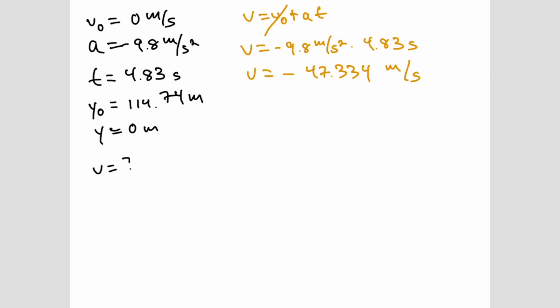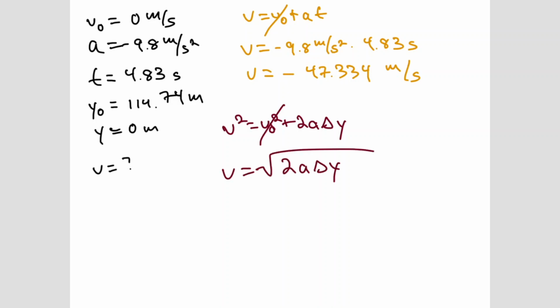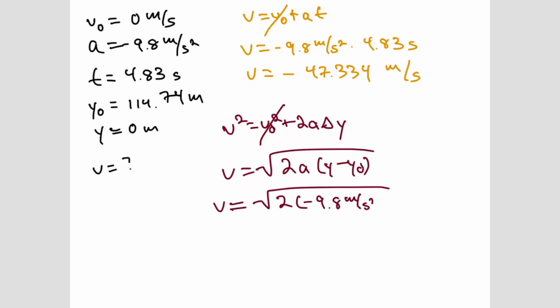If we try UAM 3 here, we have V squared is equal to V naught squared plus 2a times the change in height. There's no V naught term, so V is equal to the square root of 2a times the change in y. I'm going to quickly rewrite change in y as y minus y naught. So 2 times negative 9.8 meters per second squared, times the height.